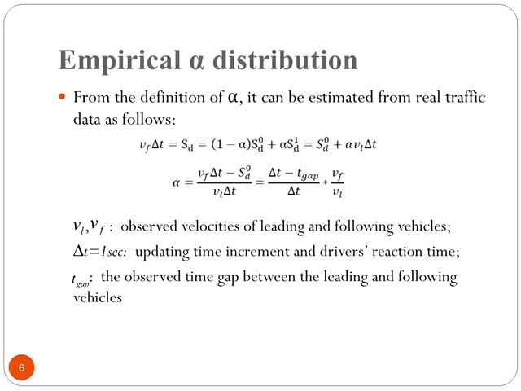Here SD is the available gap weighted by the anticipation level alpha. Then we can calculate based on this formula to get the anticipation level. Based on the following speed, the leading vehicle speed, the time gap and the assumption of reaction time, we can get the anticipation level from trajectory data.